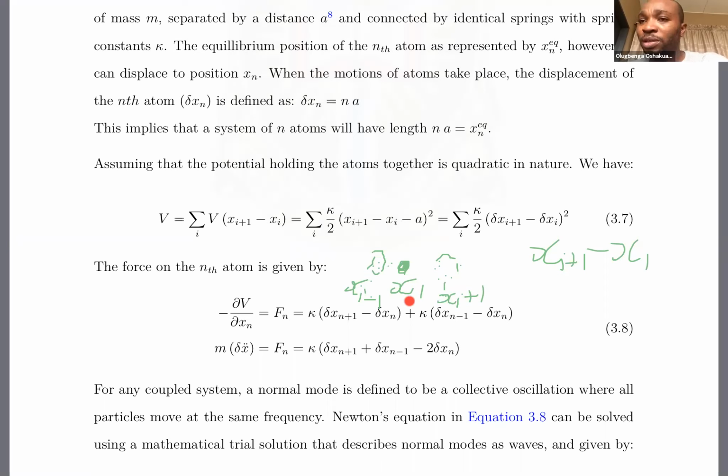We can also talk in terms of the displacement to the left to be something of the form xi minus xi minus 1. So the displacement of the first one, we can represent it as xn plus 1, while the other one as xn minus 1.